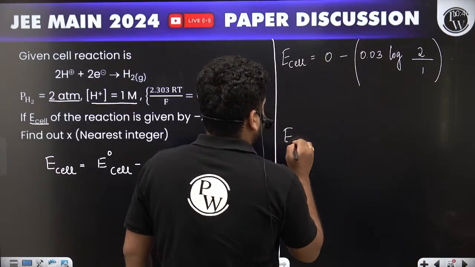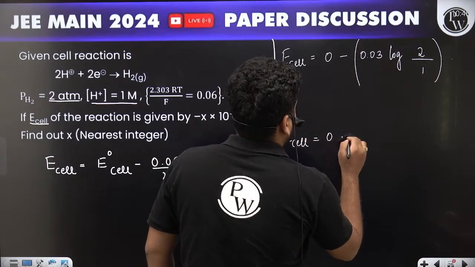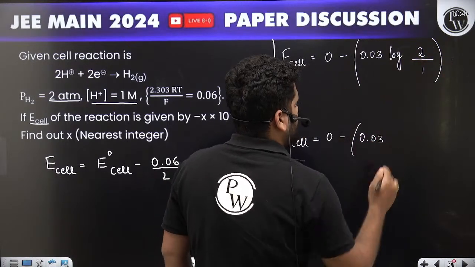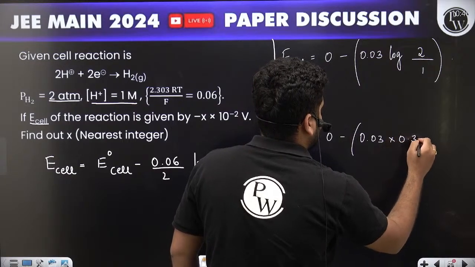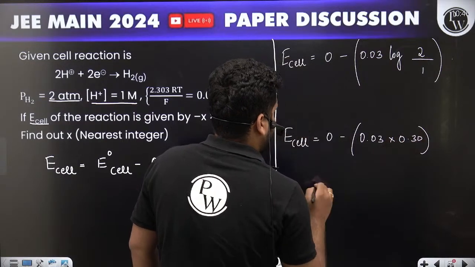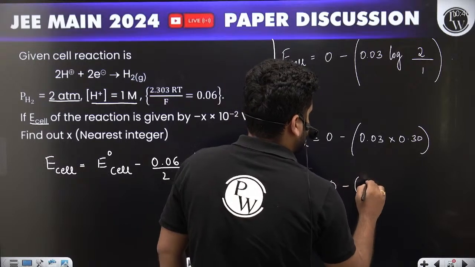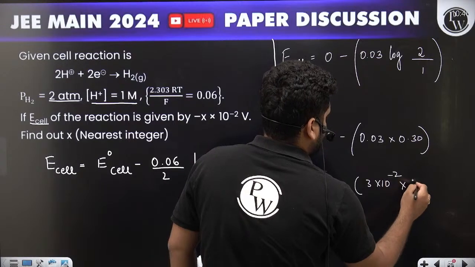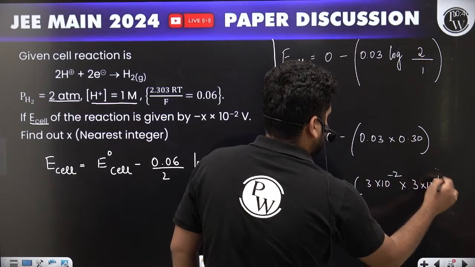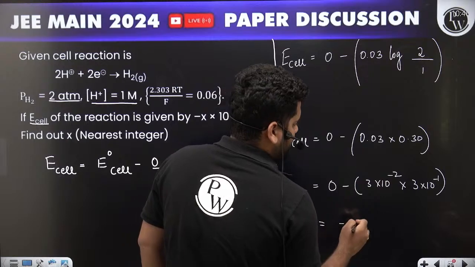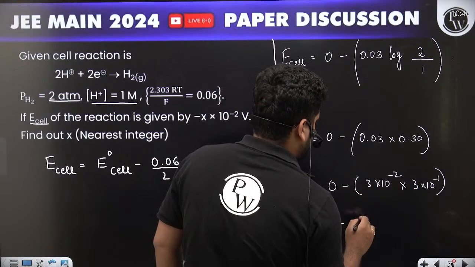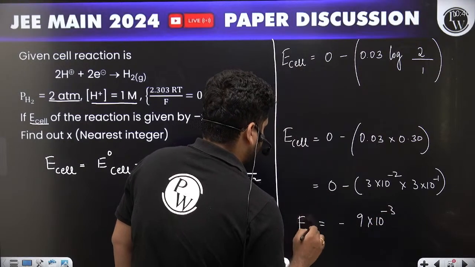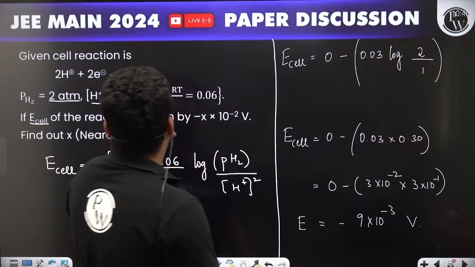E cell is 0 minus 0.03 into log 2. Log 2 is 0.3010. Let us make this 3 into 10 to the power minus 2 and 3 into 10 to the power minus 1. So we have the answer as minus 3 into 3, 9 into 10 to the power minus 3.